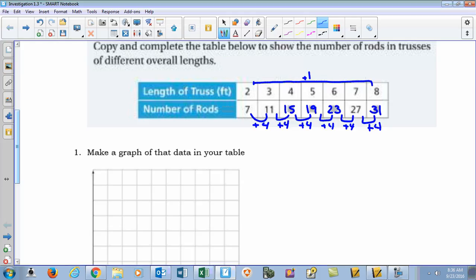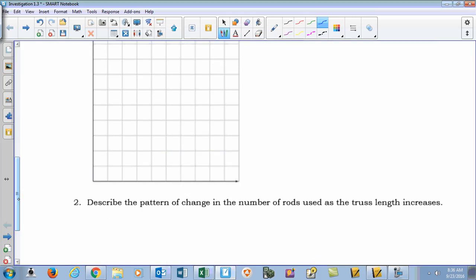So if we were to graph this, this should look like a straight line, right? 2, 3, 4, 5, 6, 7, and I think I'll go up by 5s. So this is our number of rods. Make sure you're labeling your axes.